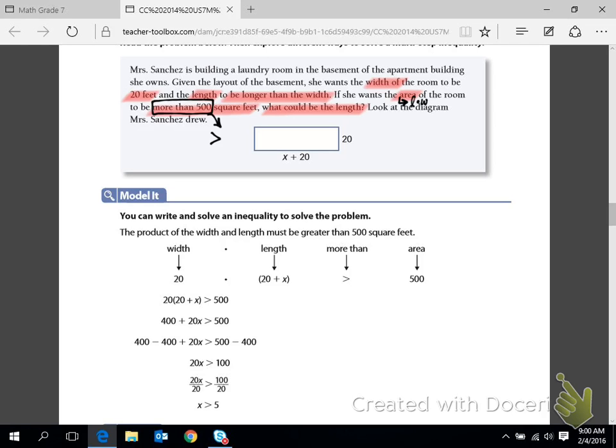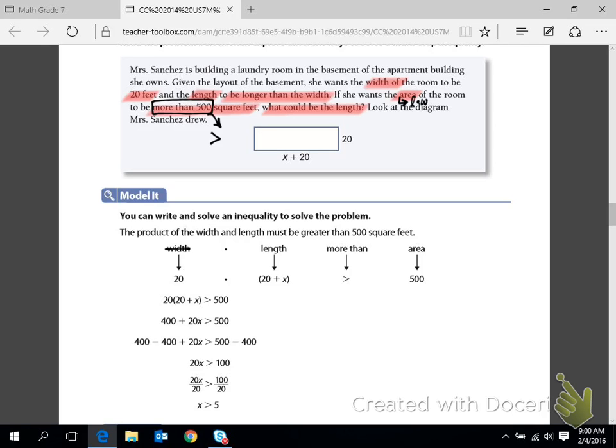If you look at the next section, it says to model it. And by modeling it, it's wanting you to create the inequality statement based on the words. So it's telling you that the product of the width and length must be greater than 500 square feet. That's telling you about area. So area or multiplication is commutative, so you could multiply the width times the length or the length times the width.